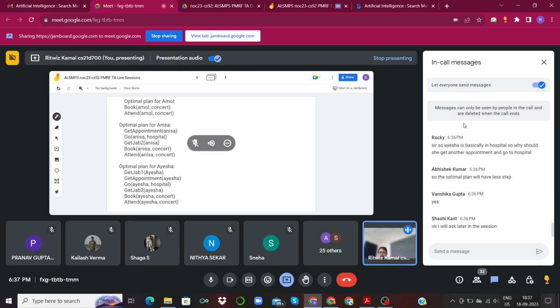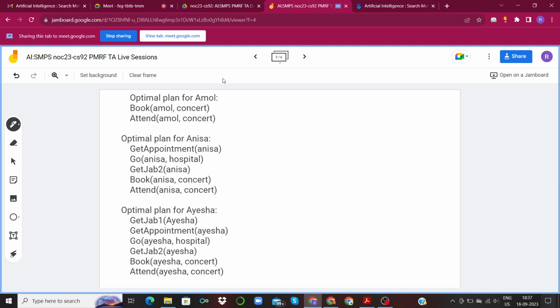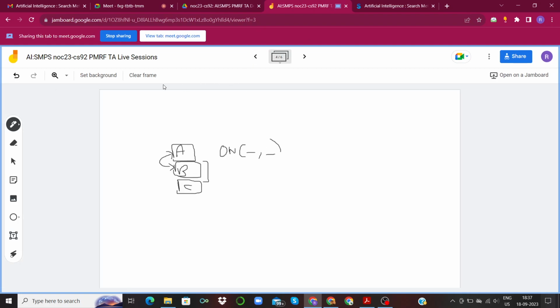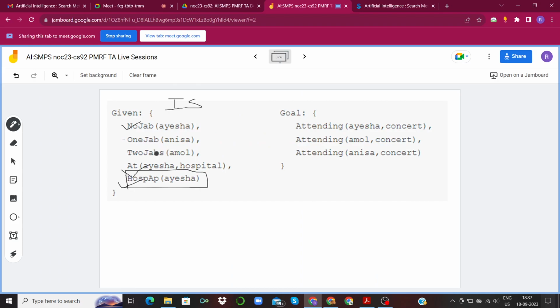Okay, so let's quickly go over Aisha's plan one last time. So basically, in the initial state, we are told that Aisha does not have any sort of vaccine. Aisha has a hospital appointment and Aisha is already at the hospital. So these three facts are given to us about Aisha.